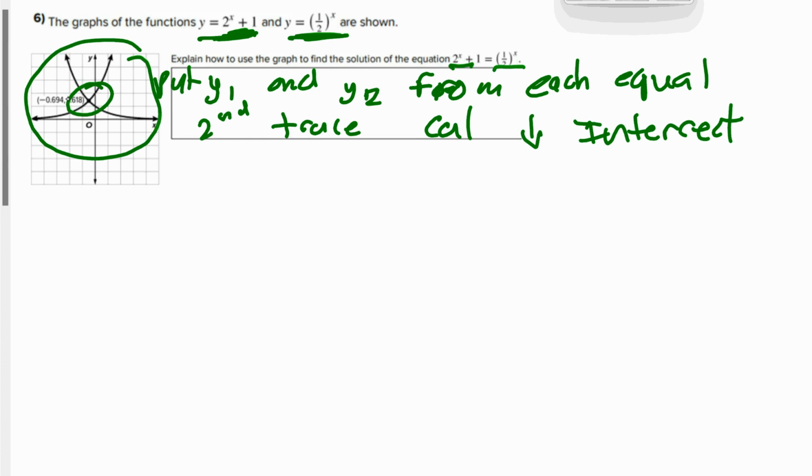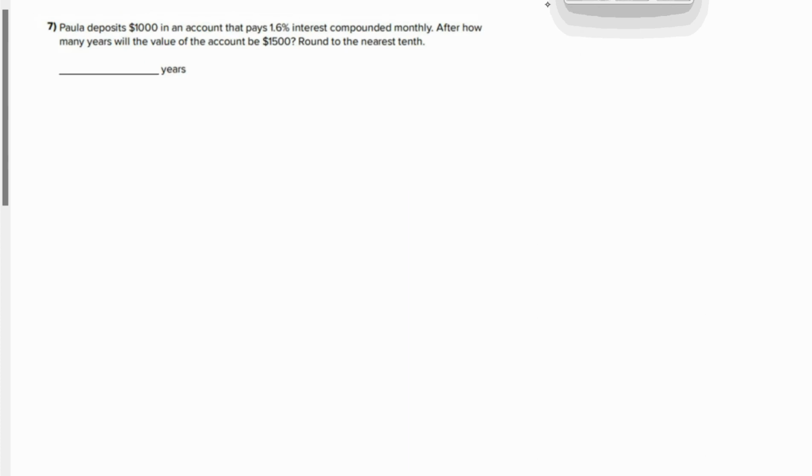Okay, this question here, number 7, we are looking at Paula investing $1,000 at 1.6% interest, but it's compounded monthly. So when we're compounding monthly, we want to use a compound interest formula, but because it doesn't happen continuously, and it doesn't just happen once a year, we are going to use this formula.